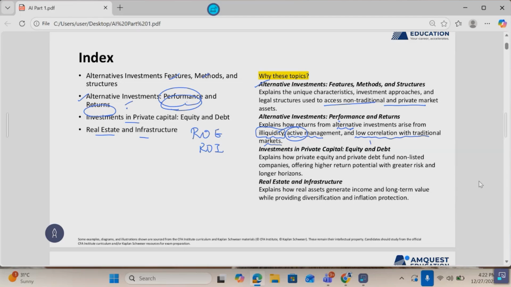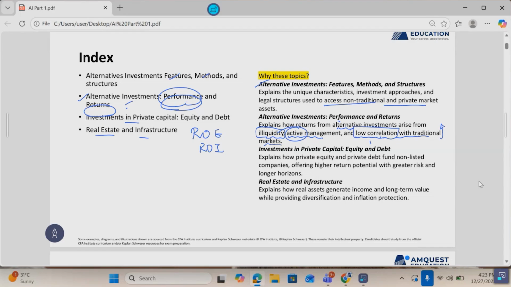Low correlation means if traditional investments go up, this may go down or stay the same, but it will not go in the same direction. So you won't have a situation where investments go down and this also goes down. This will cushion you from the fall. Obviously, it may also make sure that your rise is not too high and your fall is not too low. So in a way, you are able to achieve diversification.